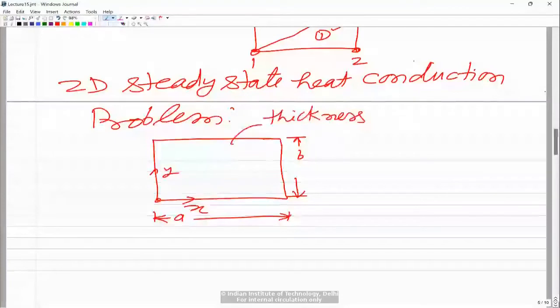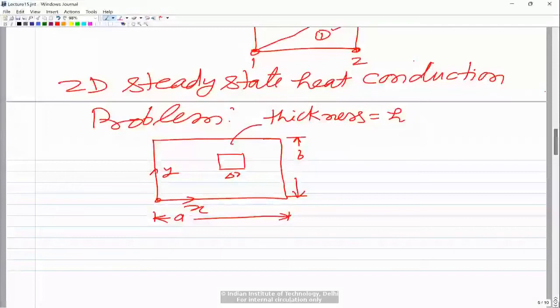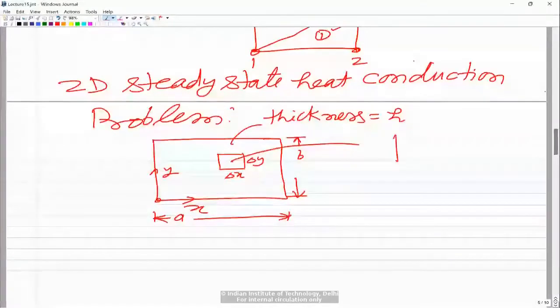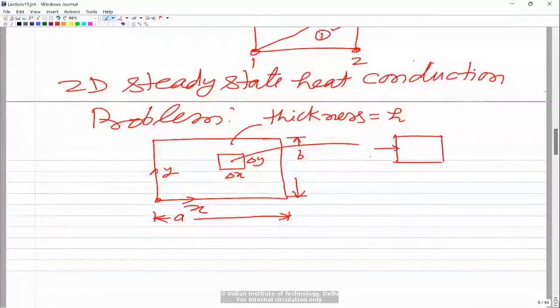To develop the differential equation, we first take a small differential element of lengths delta x and delta y, and show the energy exchange between the surrounding part of the fin and this differential element. We have heat entering along the x direction, let us say qx. This is heat per unit area, so it is heat flux.